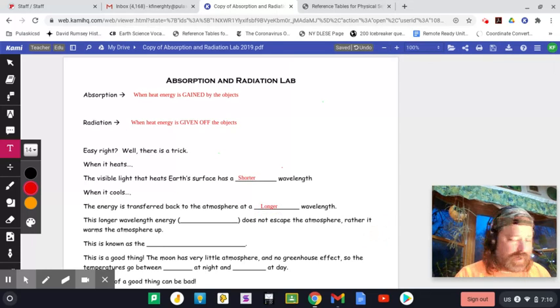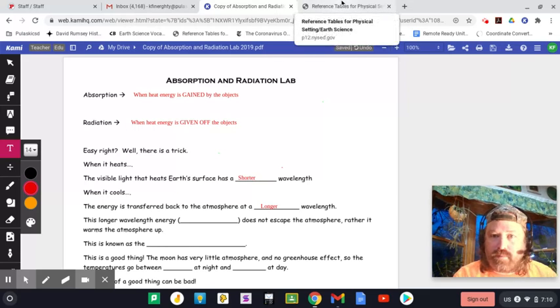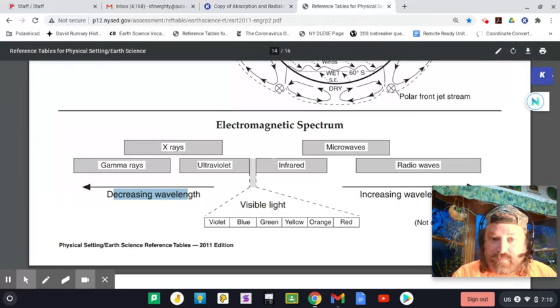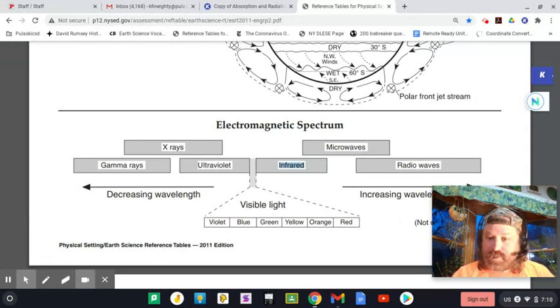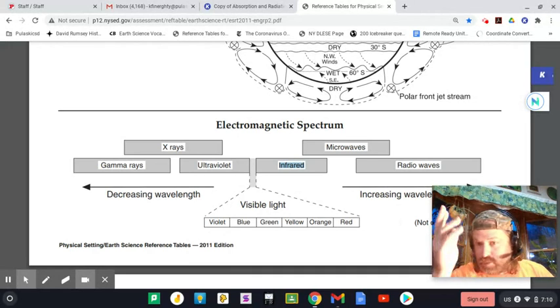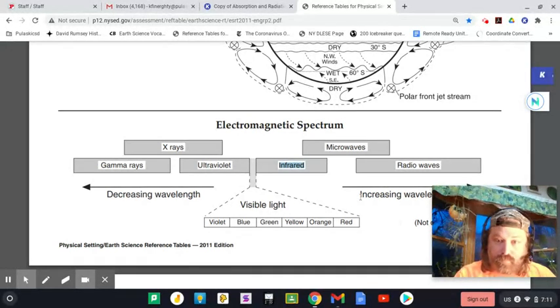I have an infrared camera at school, but we're not at school. It tends to give off these infrared rays. Have you ever heard of infrared cameras? Rescue helicopters have them because they can see the heat energy that a body gives off in the middle of the woods, something like that. That's on this longer wavelength. Okay.